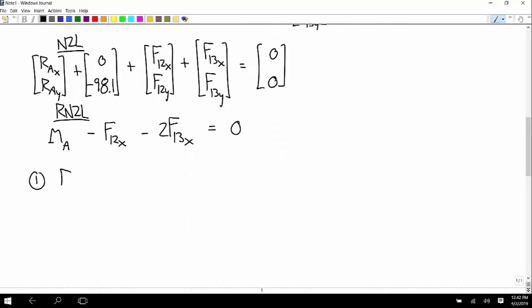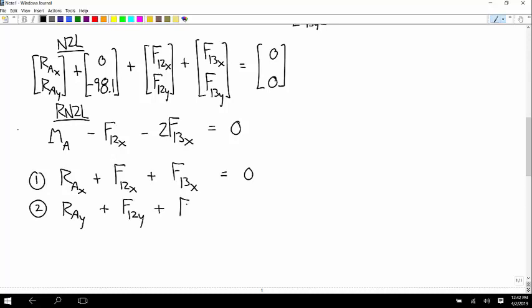Our first one says RAX plus F12X plus F13X is equal to 0. The second one says RAY plus F12y plus F13y is equal to positive 98.1.